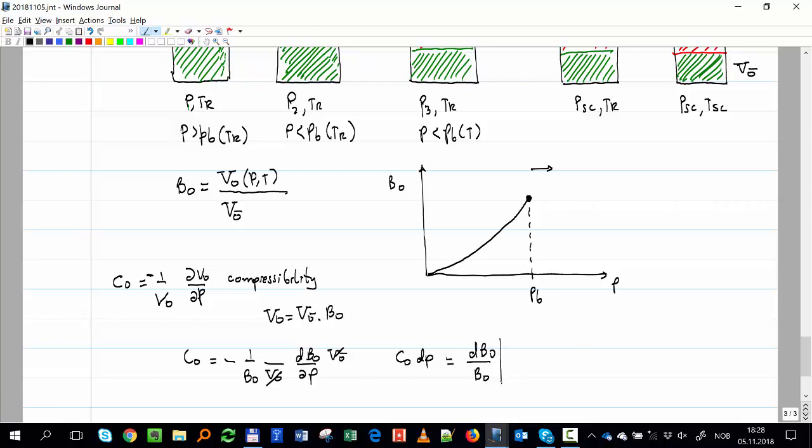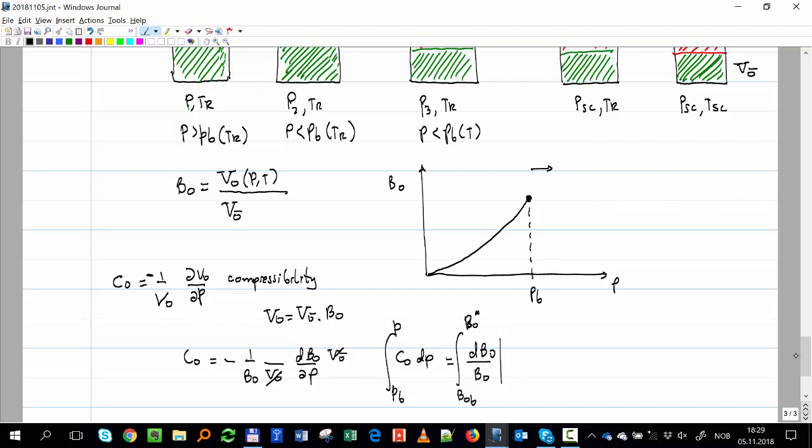Where should I make the integral from? What is a good reference, which pressure to which pressure? A good reference point is this bubble point pressure, PB, because that's where it starts being pure liquid. So let's make the integral from PB to any pressure, and here we have the BO at the bubble point, to any generic BO.